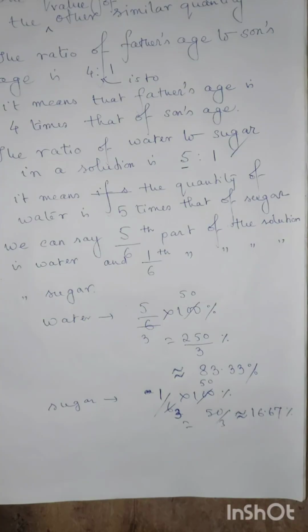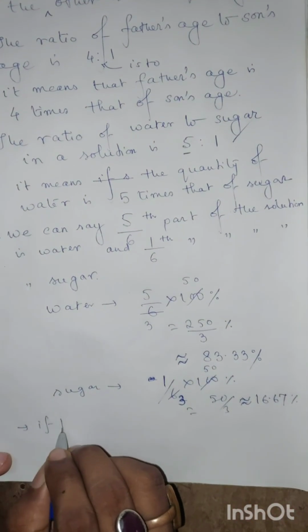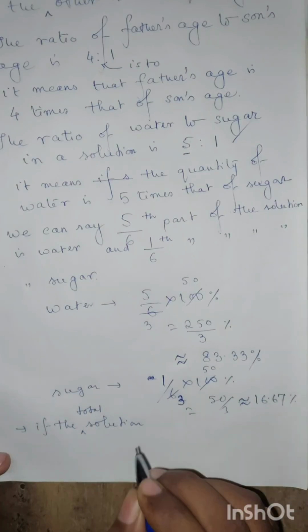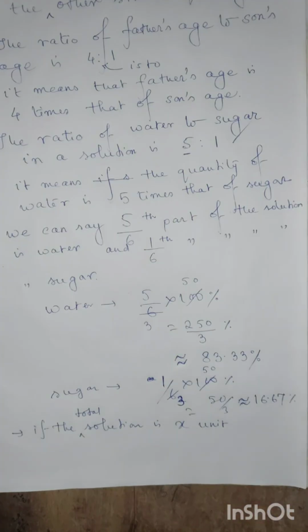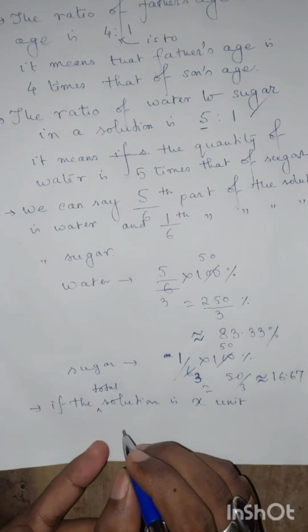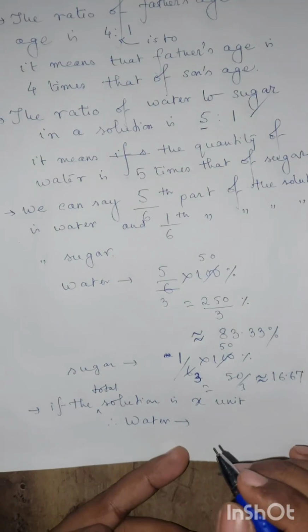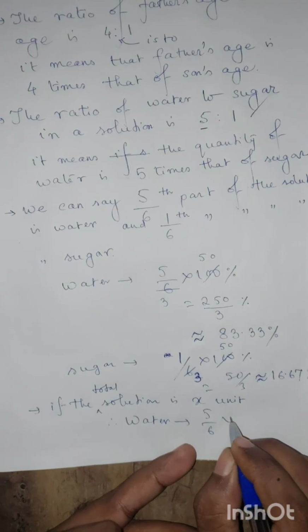Now, if the total solution is x unit, then how are we going to represent it? It can be in liter or it can be in cc, so I am just writing unit. If the total solution is x unit, then therefore water is equal to the fraction 5/6 into total.